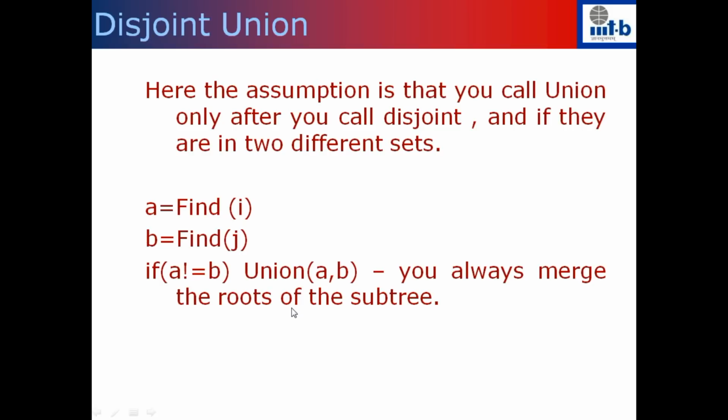Finding whether they belong to the same set or not is what we call the disjoint function. After you have decided that these two are disjoint subsets, merging given the roots of the subtrees is our union function.